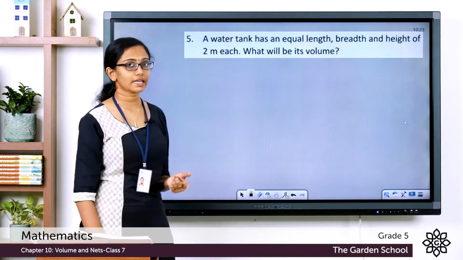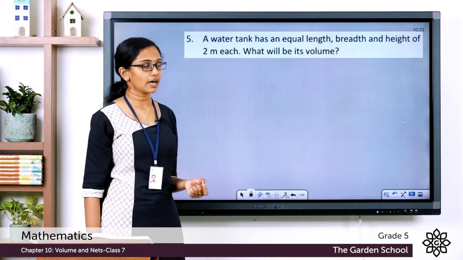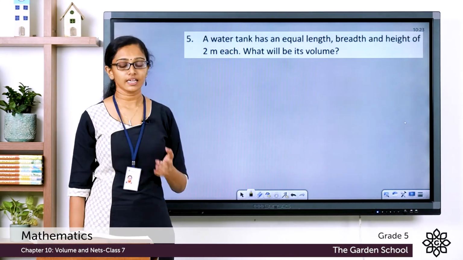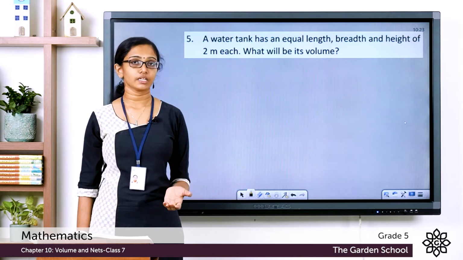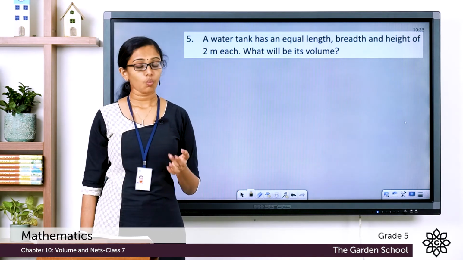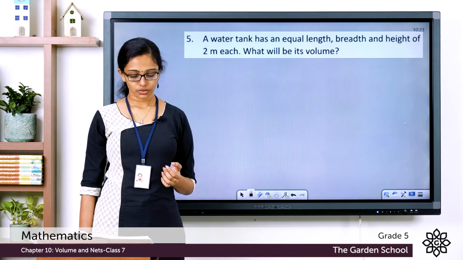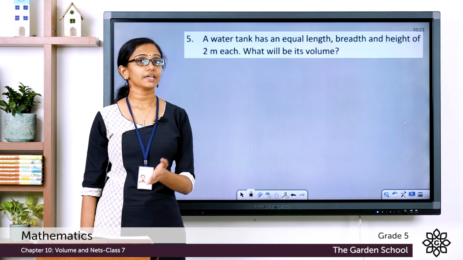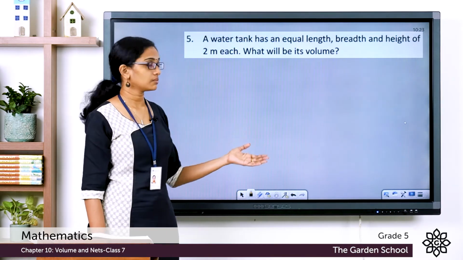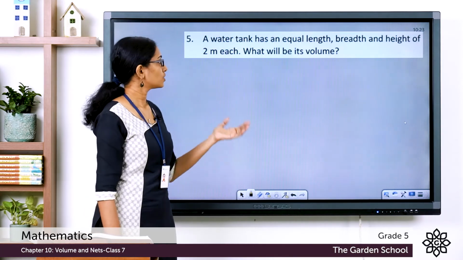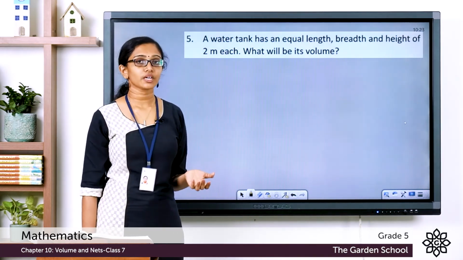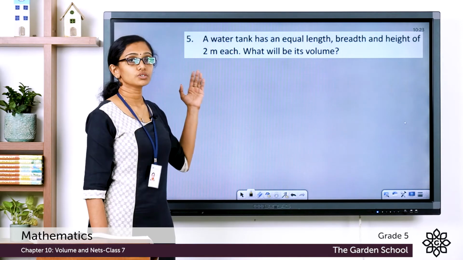Now, we will move on to the next question. Question number 5. A water tank has an equal length, breadth and height of 2 meter each. What will be its volume? So, if the length, breadth and height of a solid is the same, it can be a cube. Now, see, and what is the side of that cube? It is equal to 2 meters.